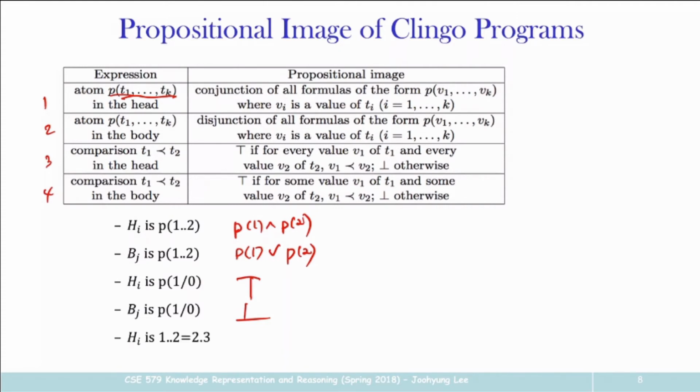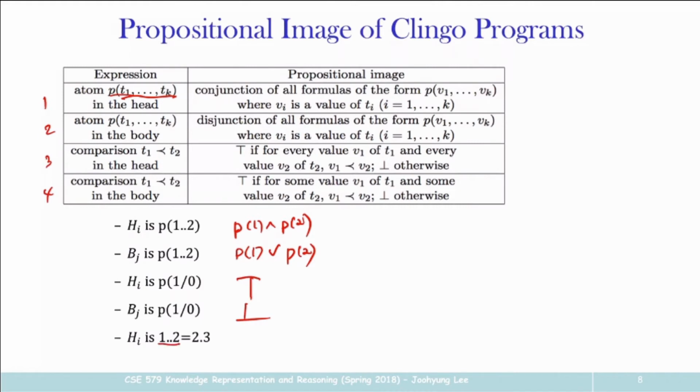Now, intervals. So, equality between two intervals. Now, this comparison occurs in the head. So, which case are we in? 1, 2, 3, 4. It's 3, right? This comparison occurs in the head, and in this case, for every value of V1 and every value of V2, this relation has to be true. Now, what is the value of 1 dot dot 2?